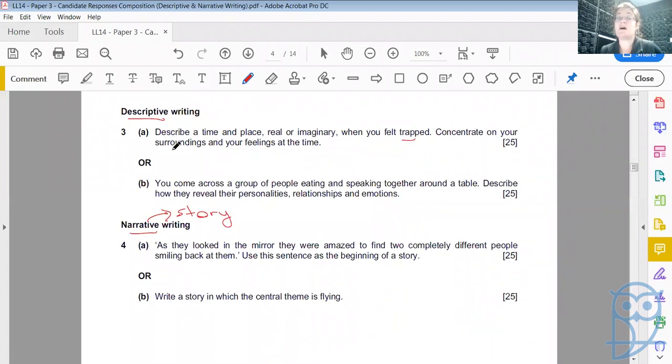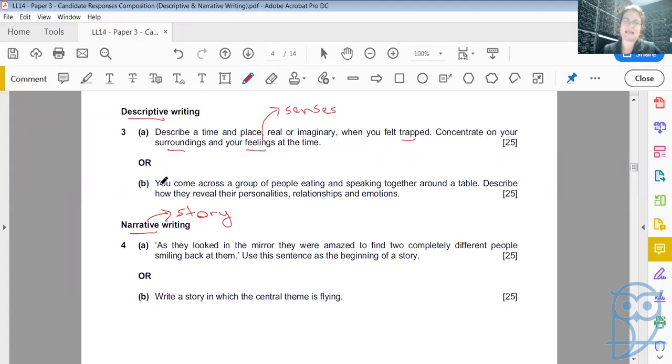Concentrate on your surroundings and your feelings at the time, because descriptive writing is all about settings, your surroundings, and feelings, because feelings are linked to the senses. If your senses are overwhelmed by something, you will have a certain feeling about it. So that is what descriptive writing does. It focuses on this idea of your setting and your feelings and senses.